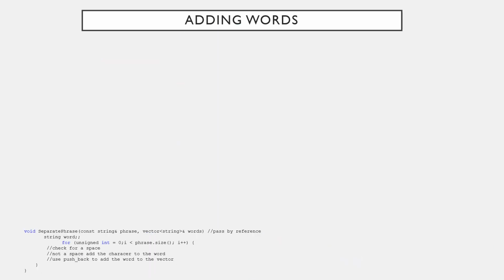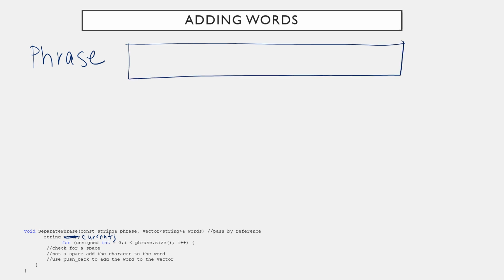So we can go through this one more time. You have your phrase. I just don't like that I use this word. Let's change this to current. All right. So I have my phrase. My phrase is a character array.